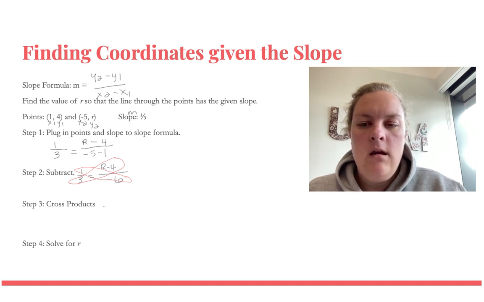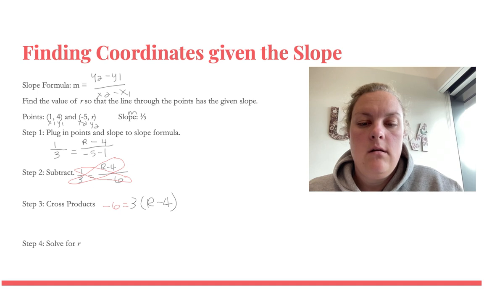1 times negative 6 is negative 6. Then you've got 3 times r minus 4. That r minus 4, if there's a variable minus a number, you need to put that into parentheses. And in order to do this next part, you have to distribute to solve.